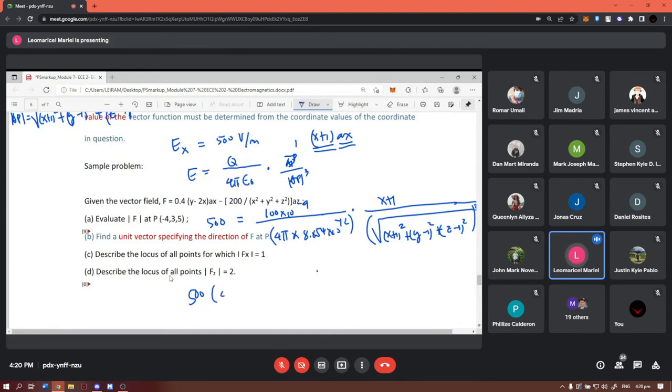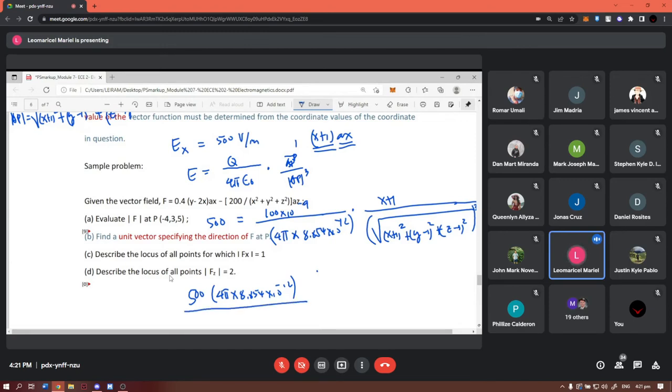Ito multiply natin siya sa 4 pi times 8.854 times 10 to the negative 12. Then pag nimultiply mo yan doon, i-divide mo naman yun.